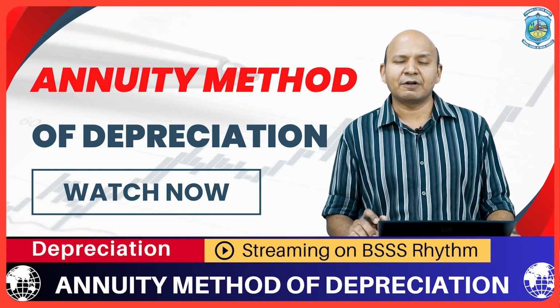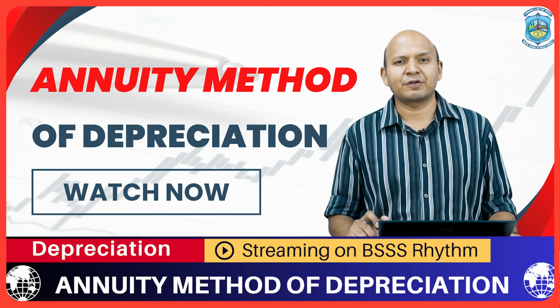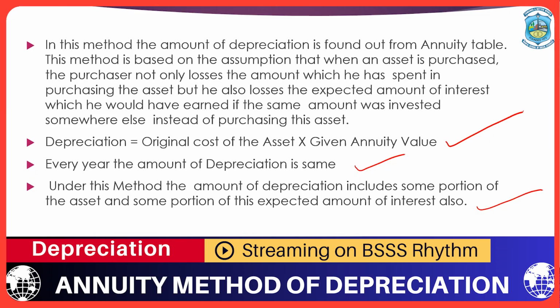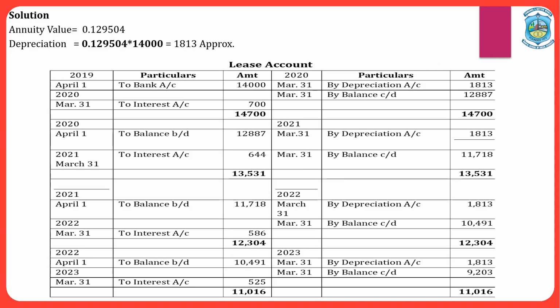So first of all, we will be calculating the amount of depreciation with the help of the following formula. As I said, depreciation is equal to the original cost of the asset multiplied by the given annuity value. In this case, the original cost of the asset is 14,000. The annuity value already given is 0.129504. So the amount of depreciation is coming 1813 approximately for all years.